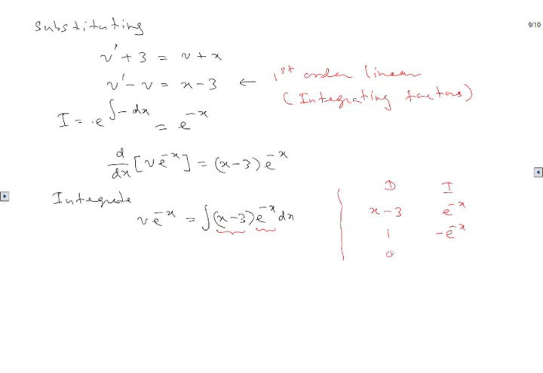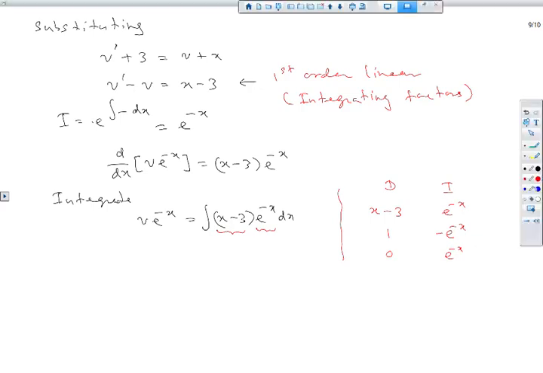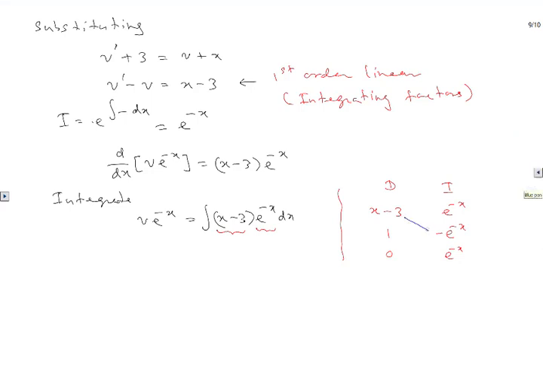Take the derivative, 0. That means you stop. So you only need one more term, which is negative e to the negative x. So those are the terms that you need. You take the derivative of the left column and the integral of the right column. That's the DI, derivative and integral. Now, interesting, we're going to multiply these two terms along the diagonal.